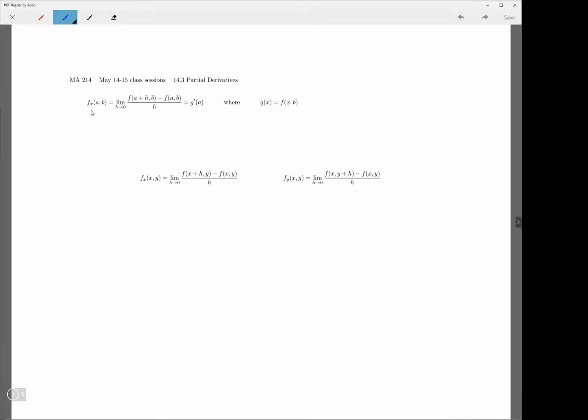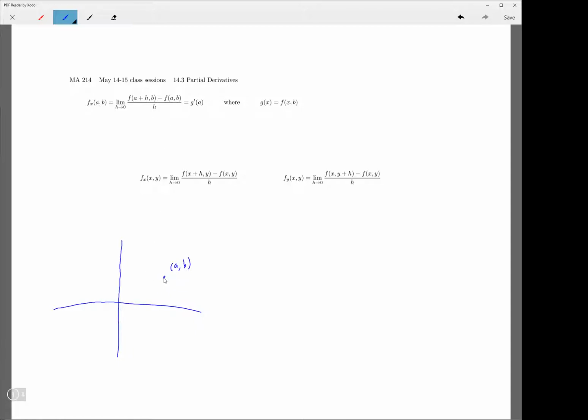So essentially, what the partial derivative with respect to x is, let me try to explain. You have a point, we'll call that (a, b). You're taking the limit as h goes to 0 of f of (a plus h, b) minus f of (a, b), all over h.